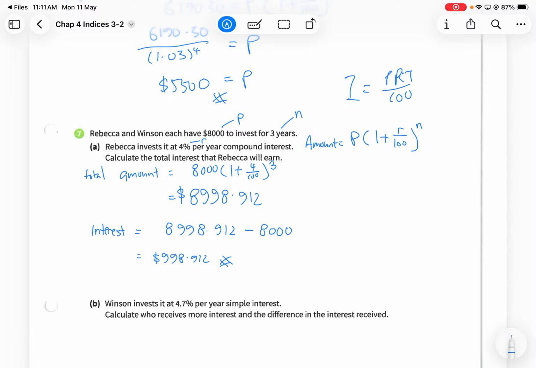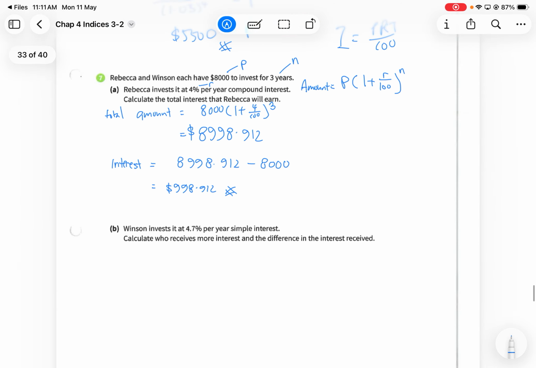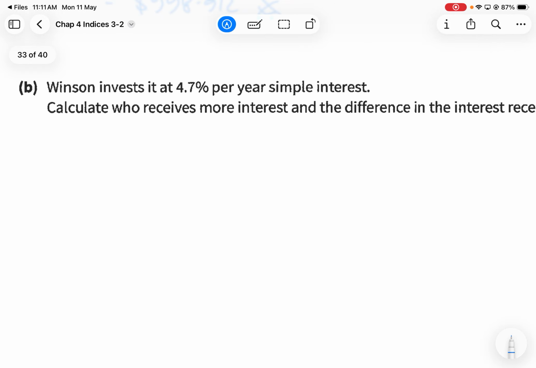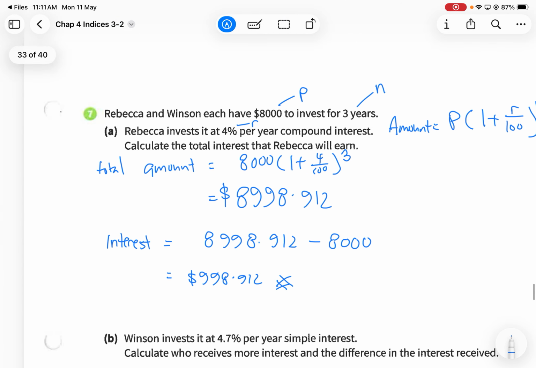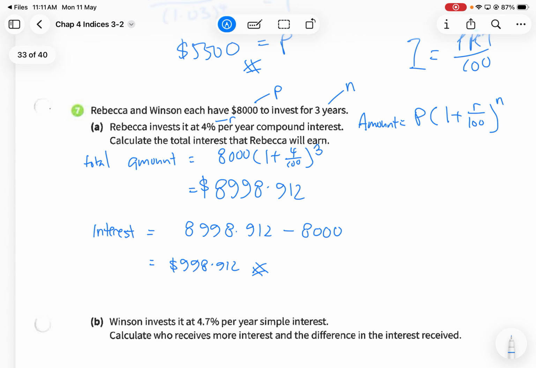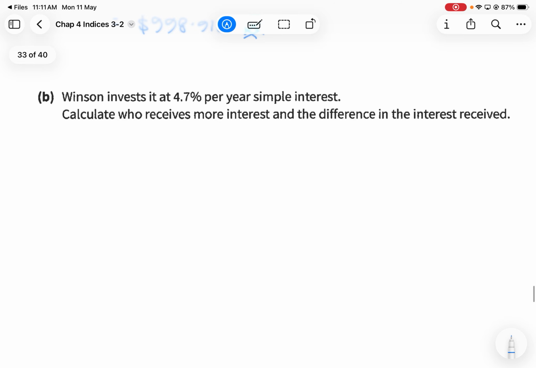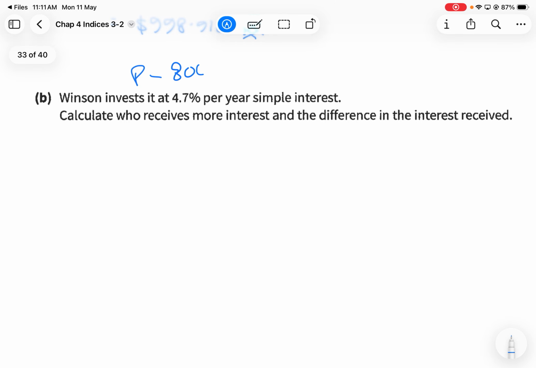Okay? So now let us look at the simple interest one. The part 2. Vincent invests it at 4.7% per year. They both invest for 3 years. So this time round, the principal is the same, 8,000. The rate is 4.7%.